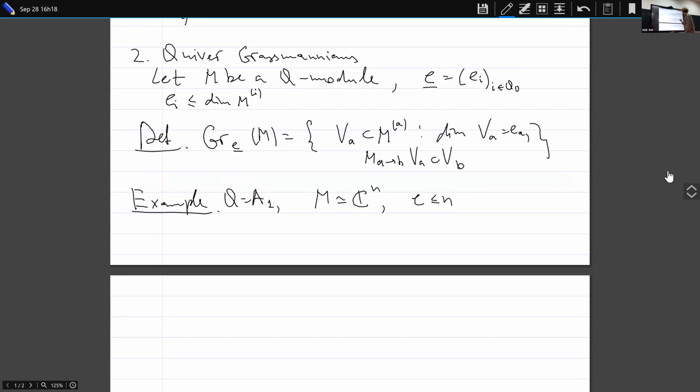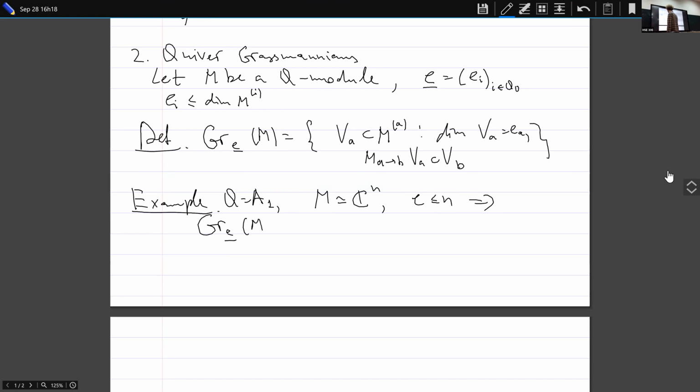Then our quiver Grassmannian Gr_e(M) is nothing but just the usual Grassmannian Gr_k(C^n). Because we have no arrows, it's not too interesting.